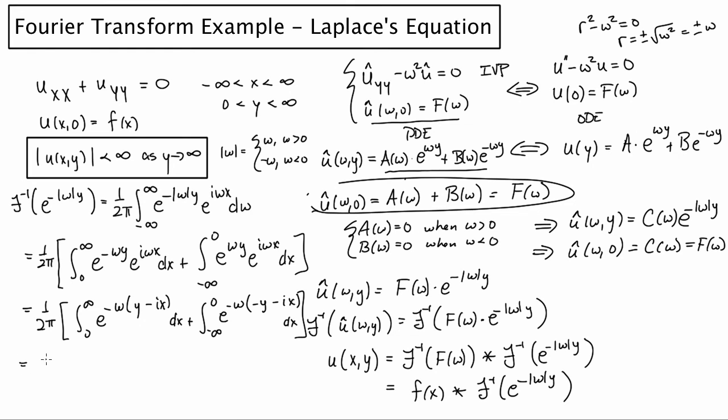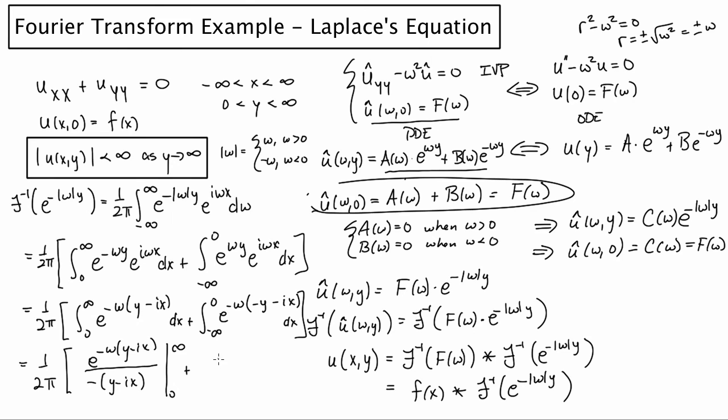And so now if we try to integrate these, if I integrate the first one, then if you think about what the antiderivative looks like for this, it's of the form e to the minus omega y minus ix over, I'm looking at the coefficient of omega here, which is negative y minus ix, and I'm going to evaluate that from 0 to infinity.